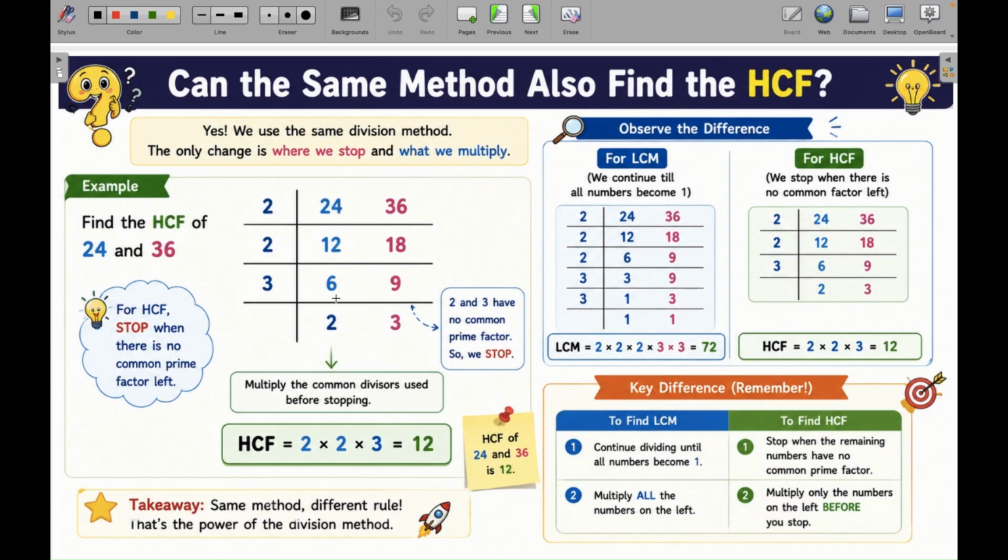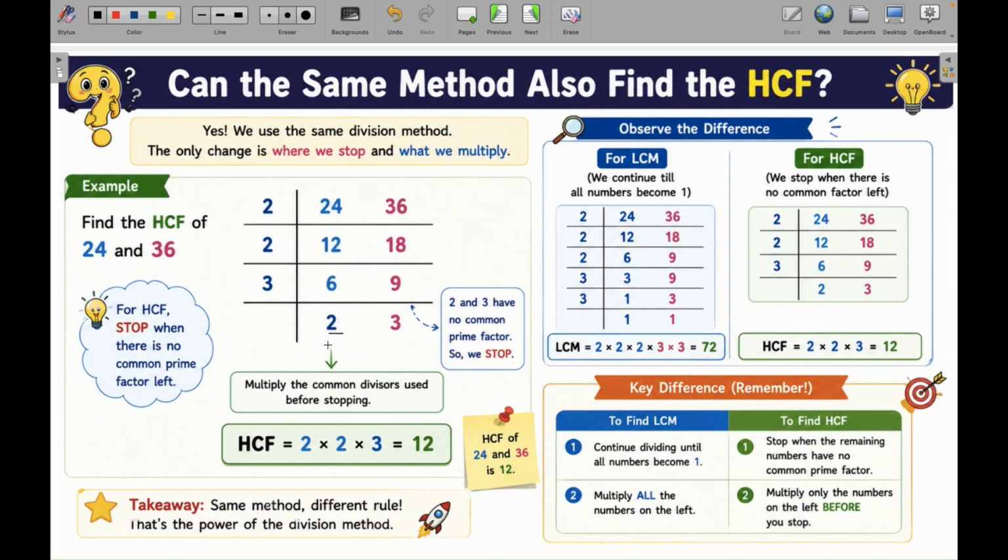Also 3 is a factor, right? So we move on to the next smallest prime number, which is 3. So 3 is a factor of 6 as well as 9, right? So 3 2s are 6 and 3 3s are 9. Now you'll notice that 2 and 3 have nothing in common other than 1. So we stop here when we are calculating HCF. For LCM, we did not stop.